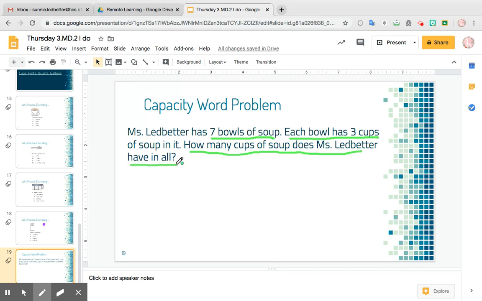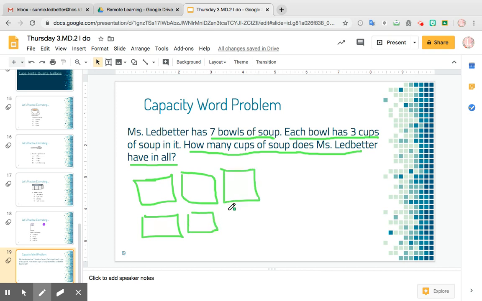All right, so I'm actually going to draw a picture to help me out. Miss Ledbetter has 7 bowls. So 1, 2, 3, 4, 5, 6, 7. So there's my 7 bowls, and each bowl has 3 cups.